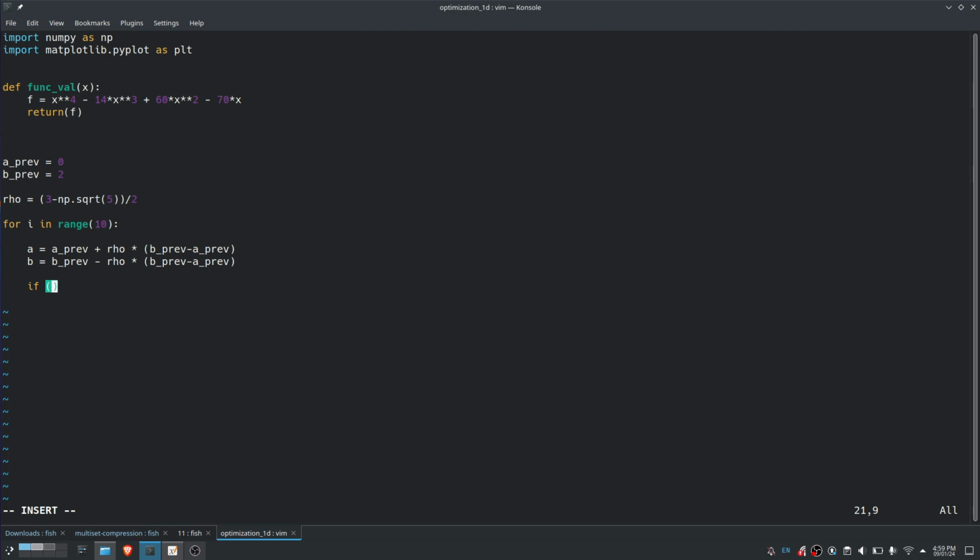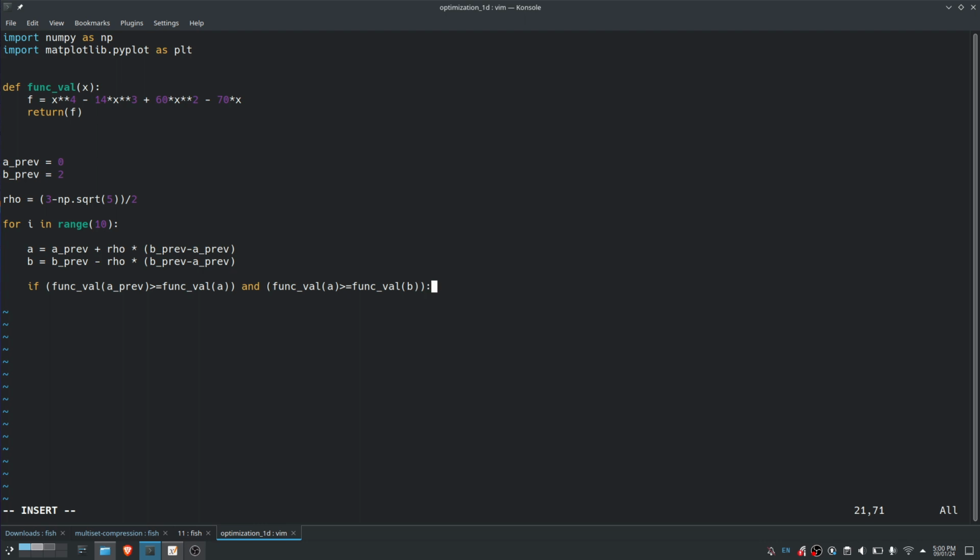So how do I write the first condition? I have to compute the function at, let's say, a previous, and suppose that this is greater than or equal to the function value at a, and the function value at a is greater than the function value at b.